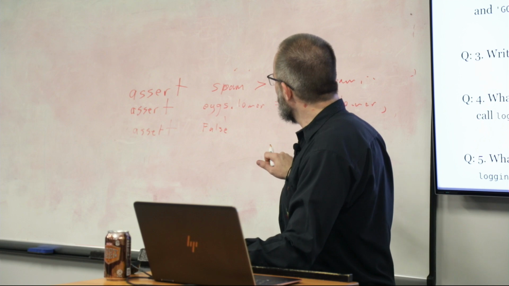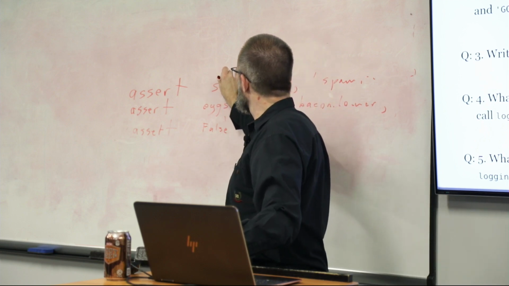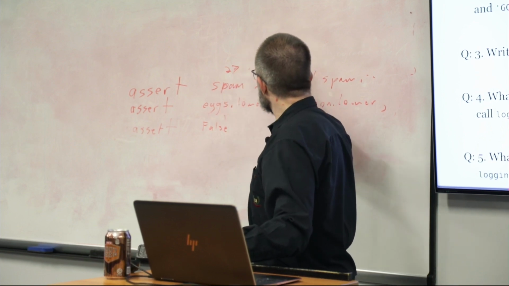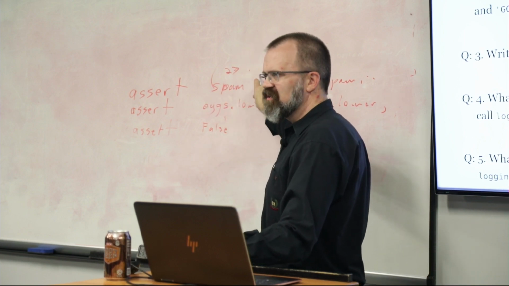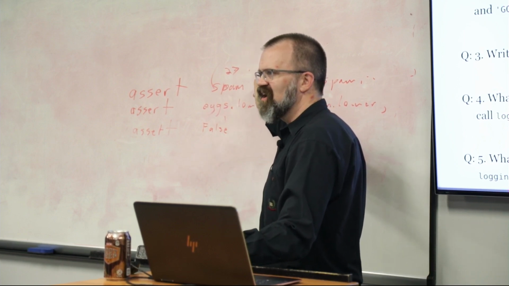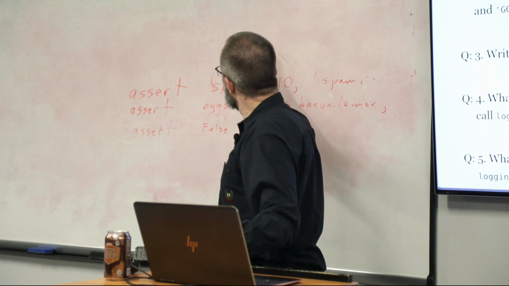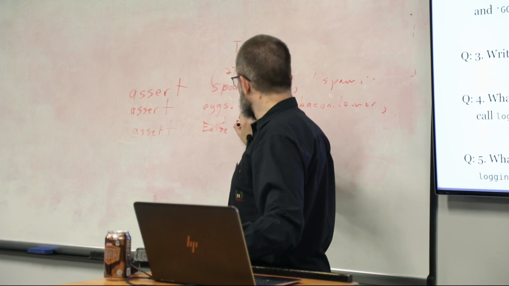So usually you're not doing these weird little esoterics. So if spam is greater than 10, that means, let's say spam is 27, right? 27 is greater than 10. This is a Boolean expression, and it evaluates out to what? True. So it's actually not assert false, it's assert true.